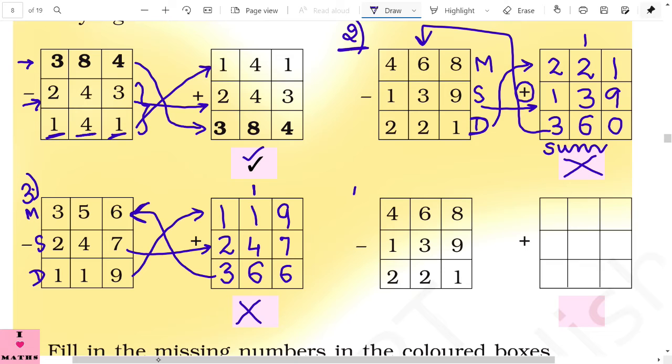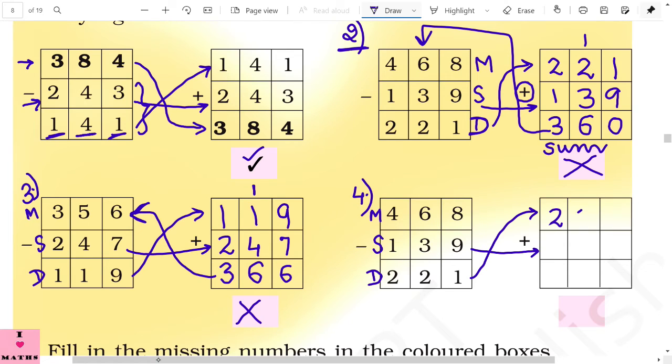Okay, let us check her fourth sum. This is the minuend, this is the subtrahend, and this is the difference. So difference will go here, subtrahend will come here, and we have to add.